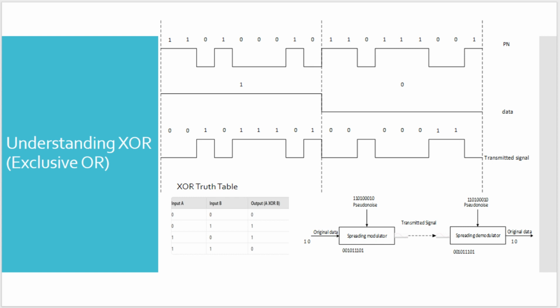Spreading involves XORing each bit of the data signal with the PN sequence. For despreading, the receiver uses the same PN sequence to XOR with the received signal and recover the original data. The XOR operation is a key component of DSSS, enabling the spreading and despreading process that makes communication robust and secure.